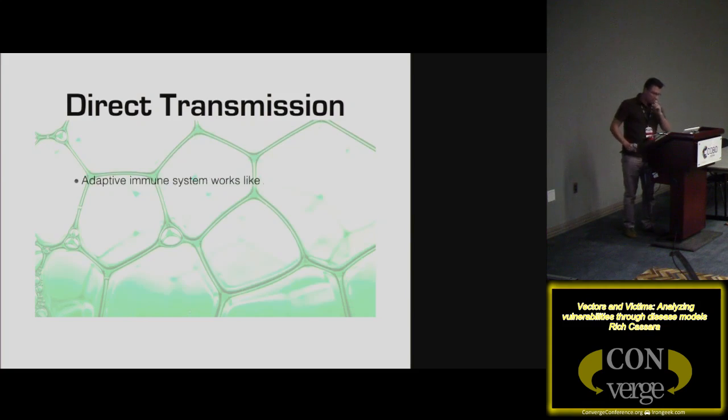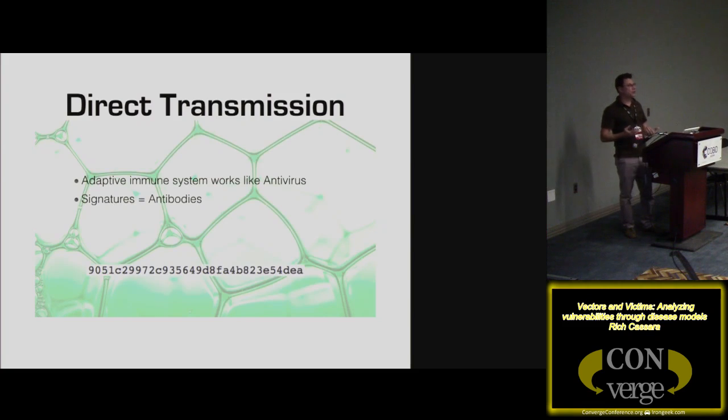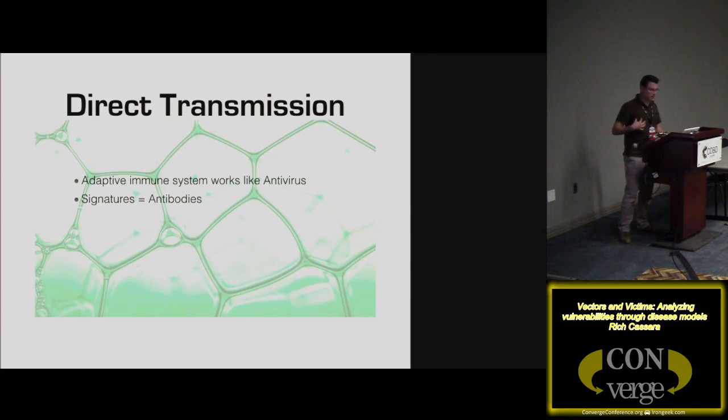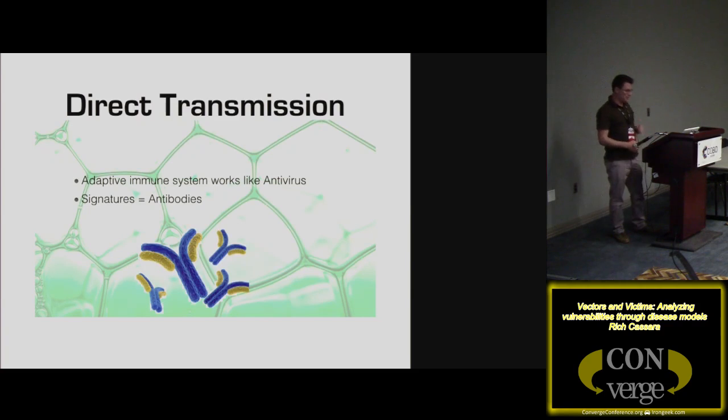And so in this framework of thinking about it, our adaptive immune system, the antibodies that make a specific response to a virus that comes in, are much like an antivirus on your machines. The primitive way that antivirus initially worked is that we would get different virus definitions, which would be a signature like a hash for a specific piece of malware or a virus. And that is just like how our antibodies work.